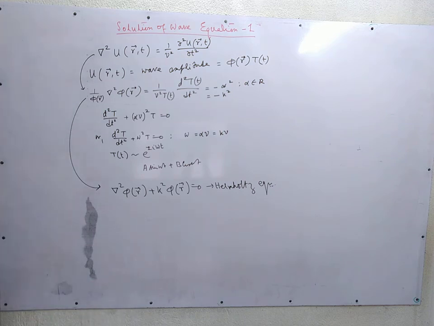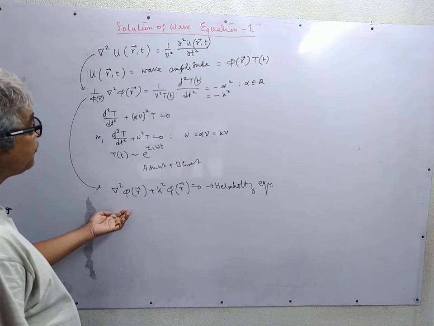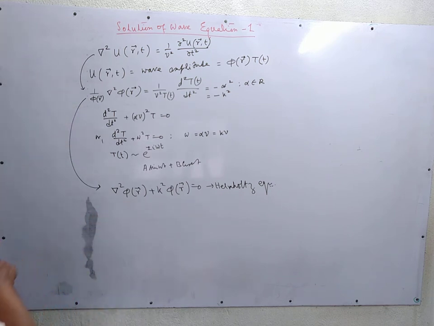The solution of Helmholtz equation depends on the geometry under consideration. So although the time part has same behavior for all the waves, the space part differs from one wave to another. So the solution of wave equation now reduces to the solution of Helmholtz equation.